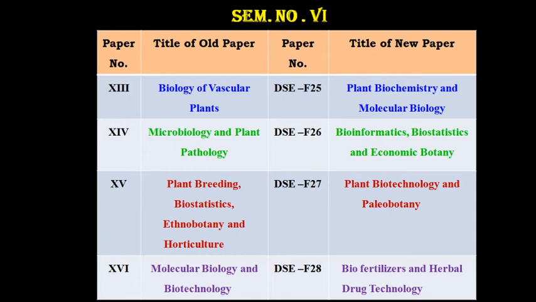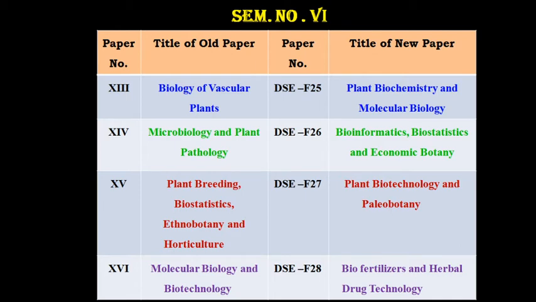Paper number 15 is plant breeding, biostatistics, ethnobotany and horticulture, which has been renamed as plant biotechnology and paleobotany. And the last one, paper number 16, is molecular biology and biotechnology, which has been changed to biofertilizers and herbal drug technology. So in the new syllabus they have renamed the papers and rescheduled the syllabus.